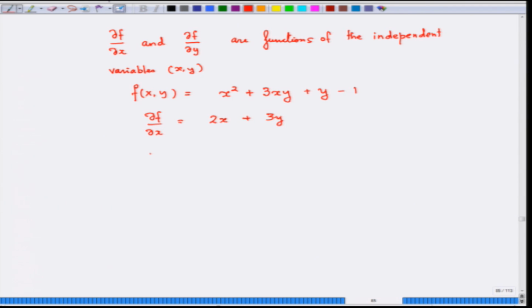Now, if I compute del f del y, then you would immediately realize that the first term becomes 0 because x is being held constant, and then it will become 3x plus the derivative of y, which is 1, and this is anyway constant. So, it is 3x plus 1, but observe here that del f del y in this case is a function of x, not even a function of y.